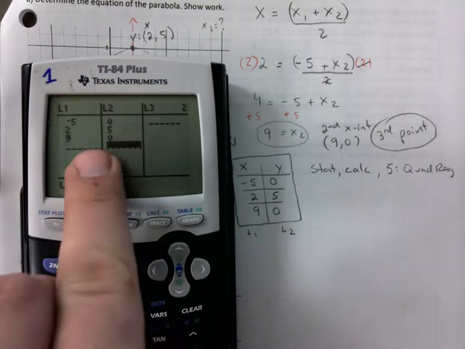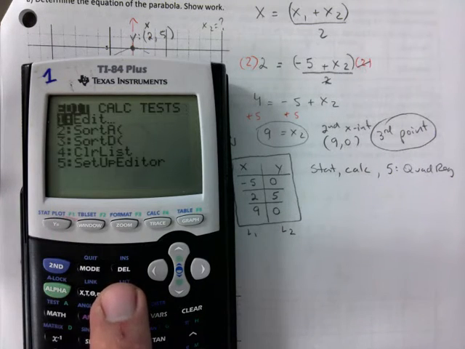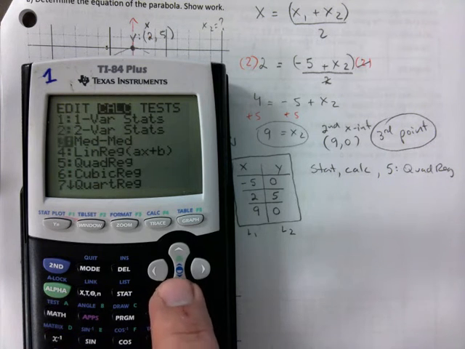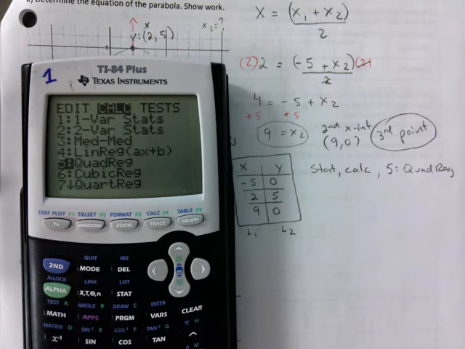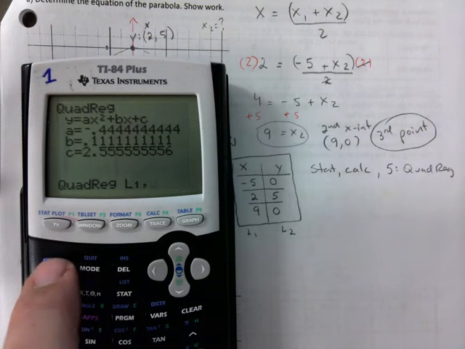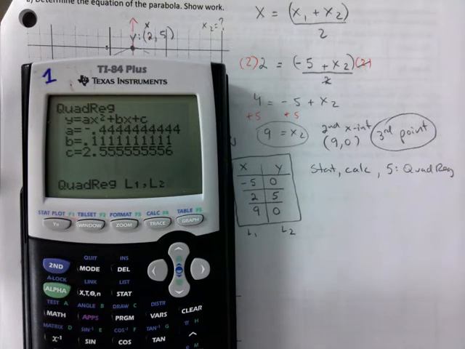And once you have this, you go stat, calculate, quadratic regression, and then you go second 1, comma, second 2, comma. What comes next?